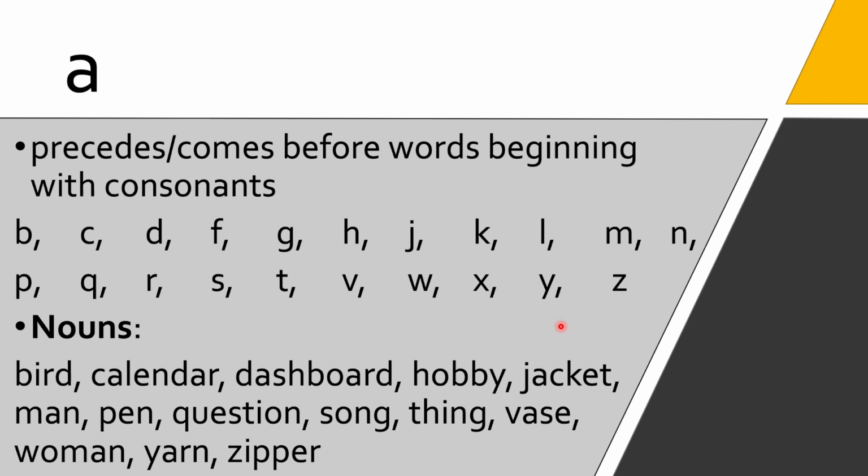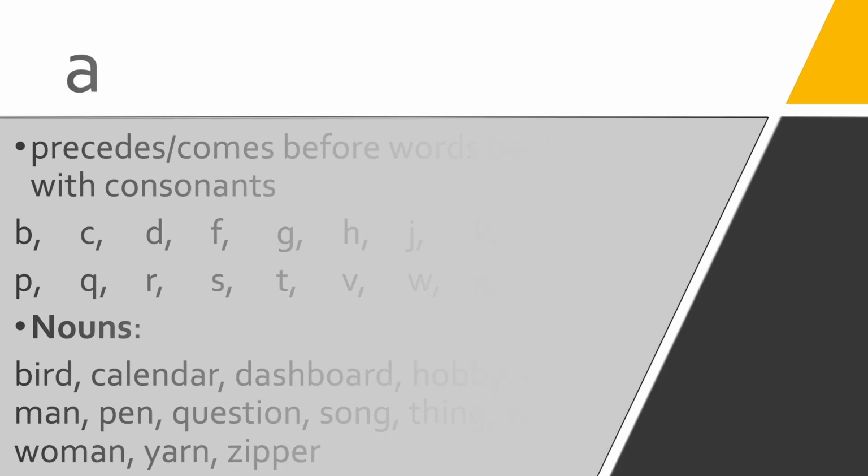Okay, nouns beginning with consonants. So some of them, we have bird, calendar, dashboard, hobby, jacket, man, pen, question, song, thing, vase, woman, yarn, zipper, and a whole lot more. So in as much as they begin with consonants, well, we're gonna use the article a.